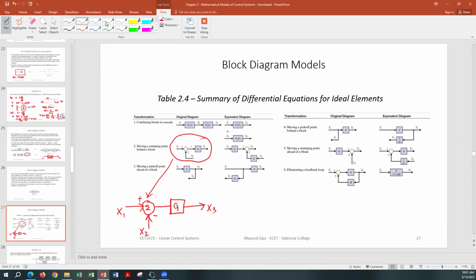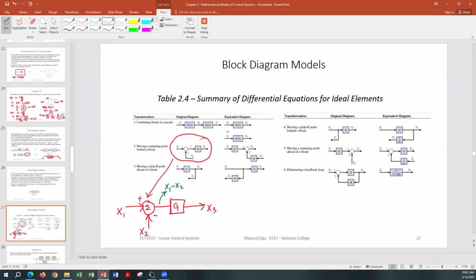In this case, if you are trying to figure out the value of x3, you come to this signal, and you will see that the signal here is x1 minus x2, because that's coming out of the summing amplifier. And if this is plus instead of minus, then the signal is going to be x1 plus x2.